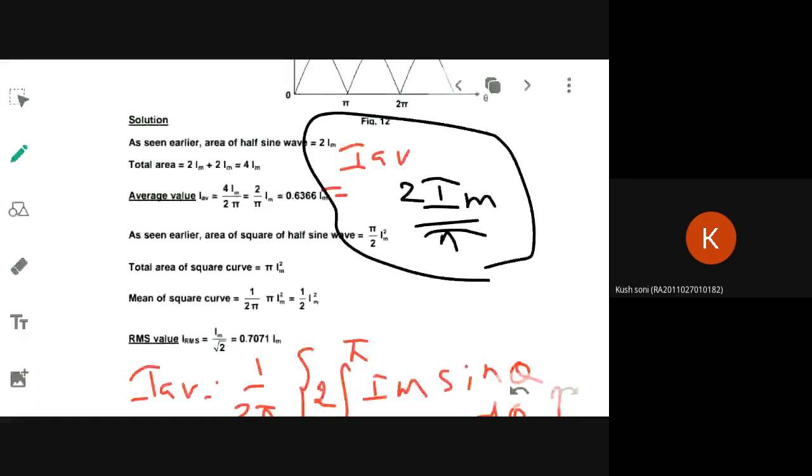Similarly, do the same for RMS also. All are doing the derivation for RMS.